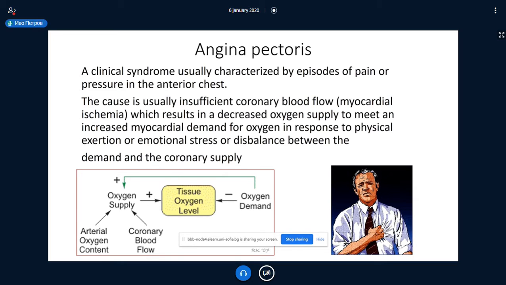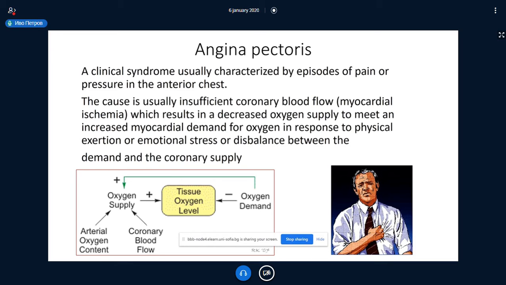The cause is usually insufficient coronary blood flow. This is the typical myocardial ischemia, which results in a decreased oxygen supply to meet the increased myocardial demand for oxygen. Let's say, speaking generally, it's a disbalance between the supply and the need of the myocardium.